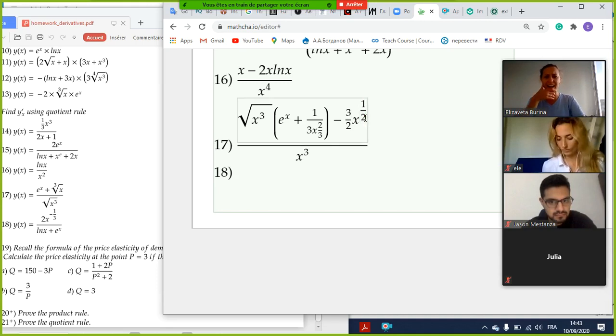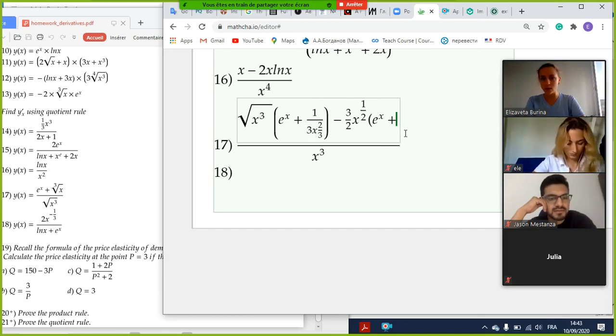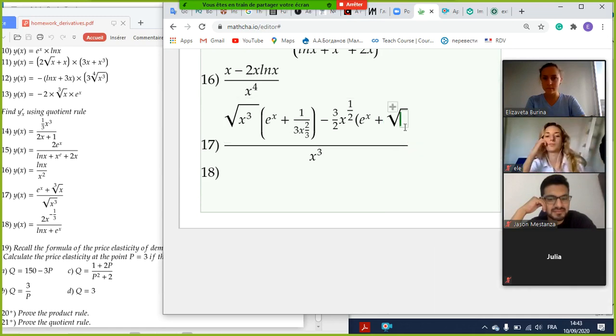I multiplied it again by the denominator. Okay, why not? Okay, then here what we're supposed to write is just the numerator as it was. So e to the x plus, what was that? Okay. I know, that's why. That was the problem of the whole thing.